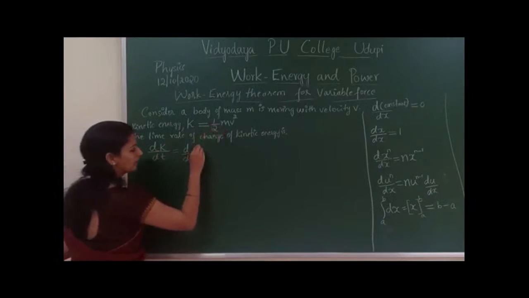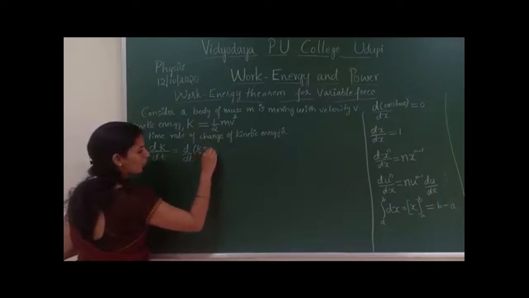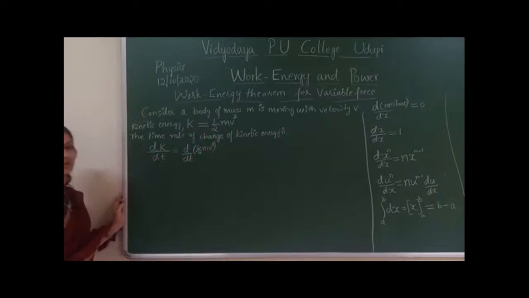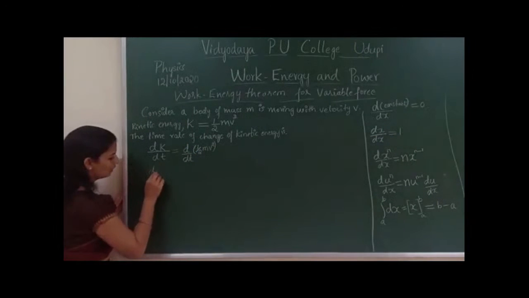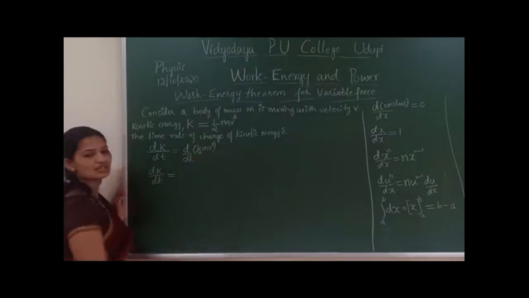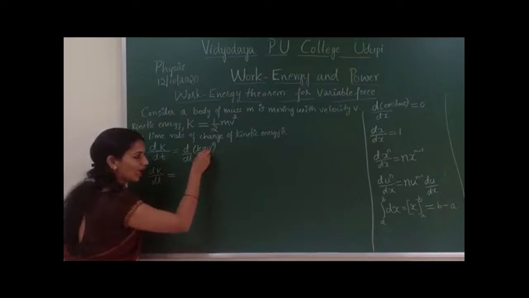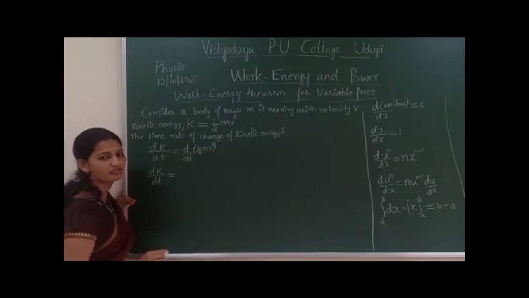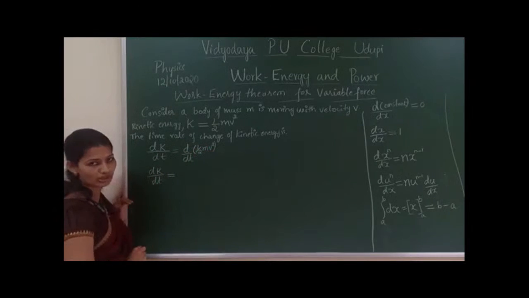this K value. It is half mv squared. Then dK by dt is equal to, here half is a constant value, right? And the value of m is constant for a particular body, isn't it?